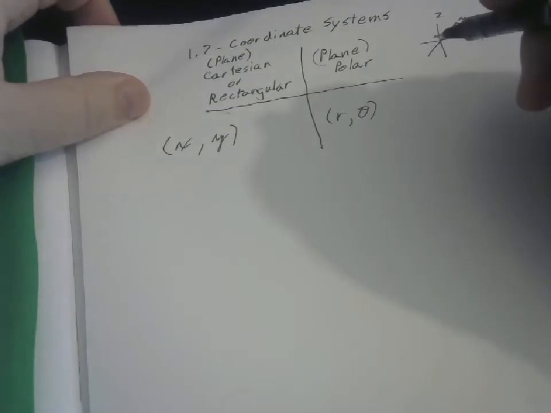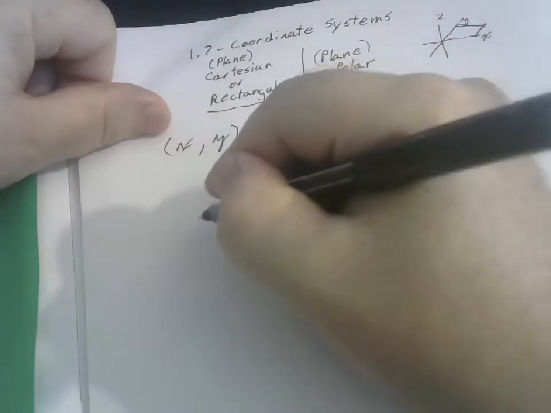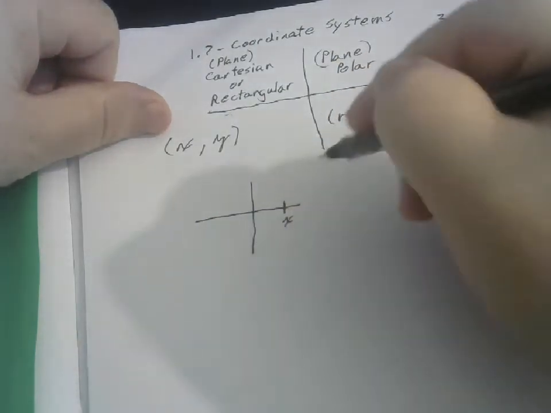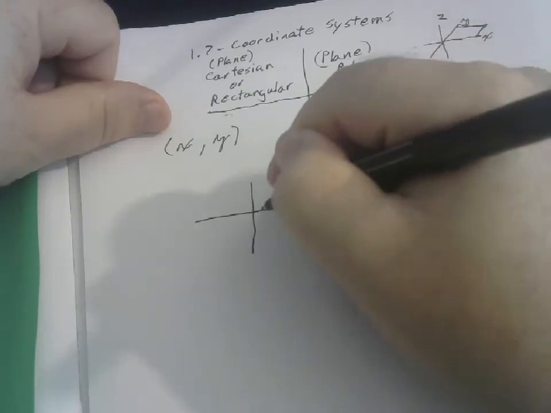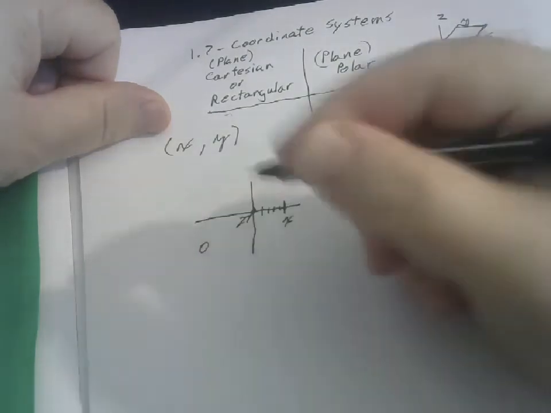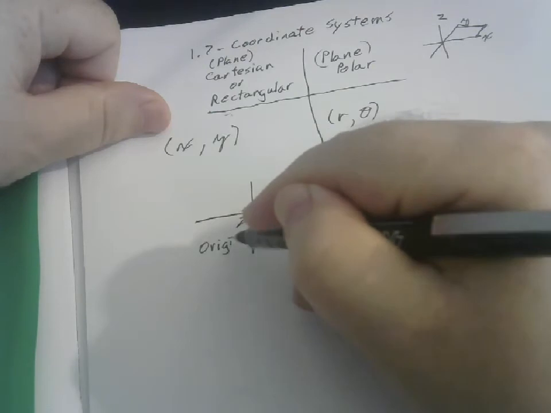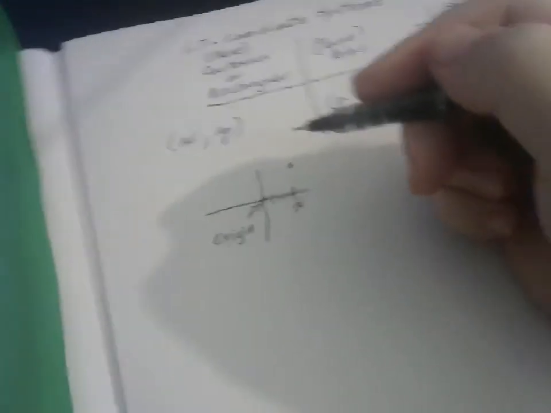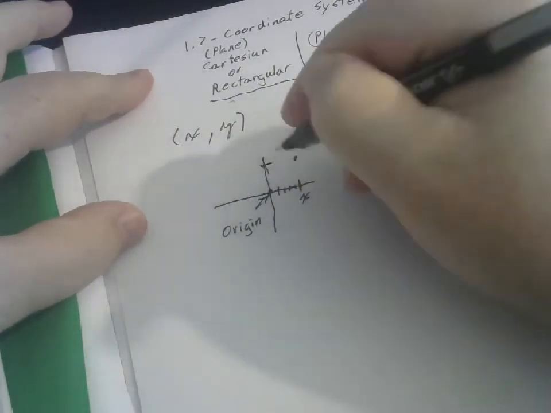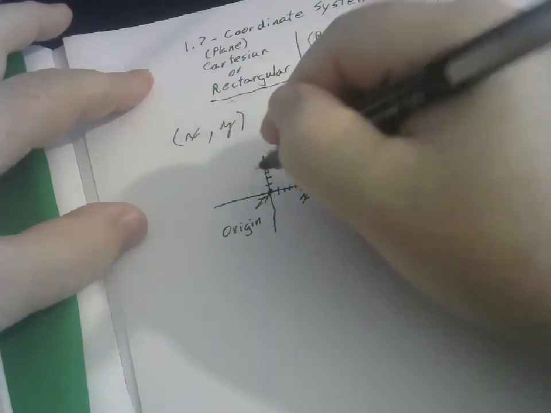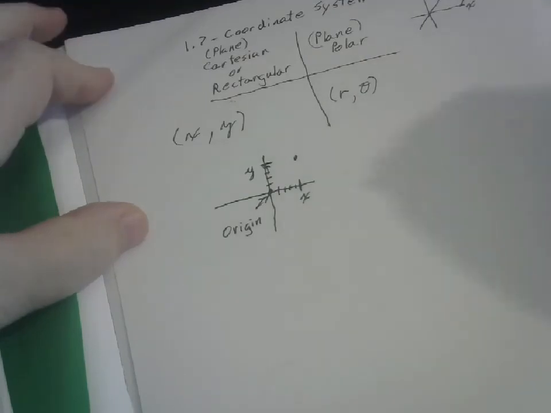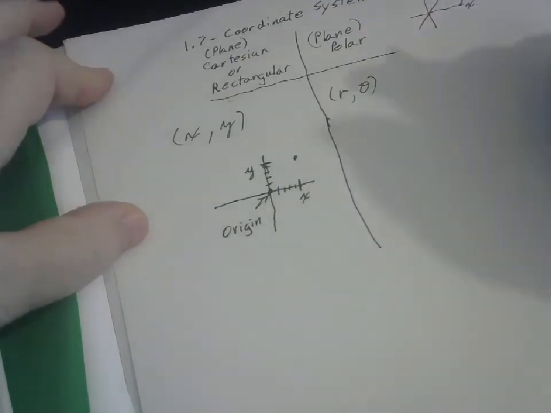The x and y tell you x is the distance of the point to the right of the origin, and y is the distance upward from the origin. So that is the Cartesian or rectangular coordinate system.